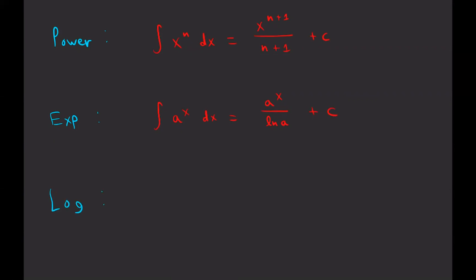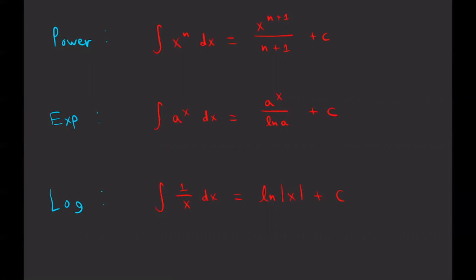And then the logarithmic rule, which is pretty specific: ln of the absolute value of x right there, boom, plus c. So these are our 3 big rules. Obviously, there are variants of the exponential rule, and the logs can get a little bit more complicated, but for now, that's just kind of what we're going to leave it at.